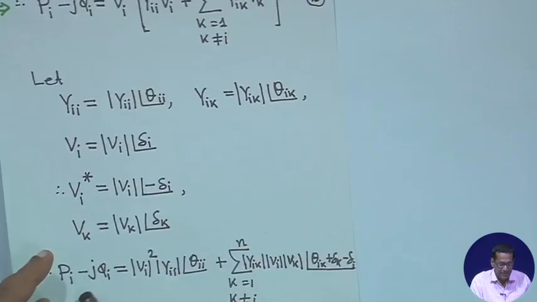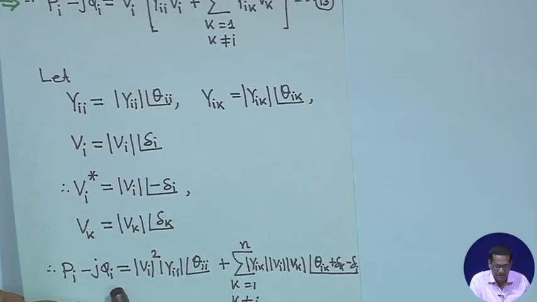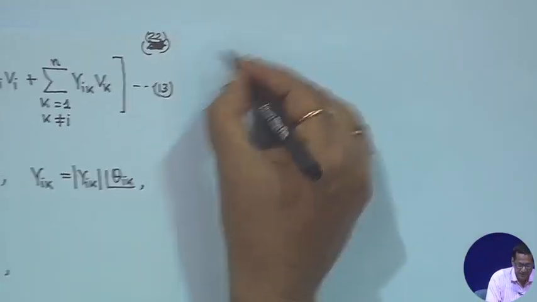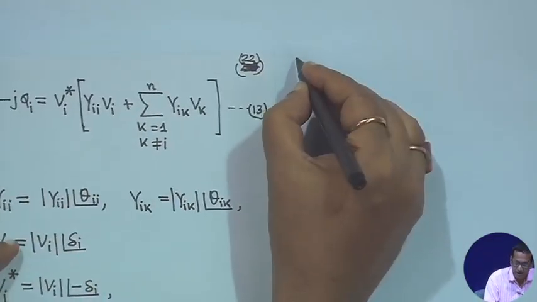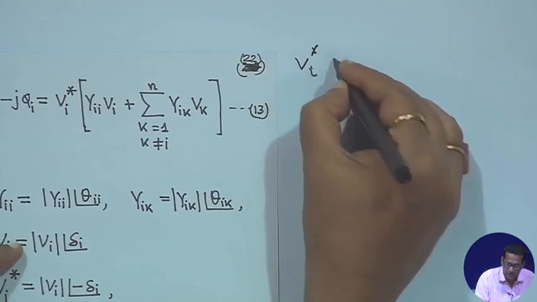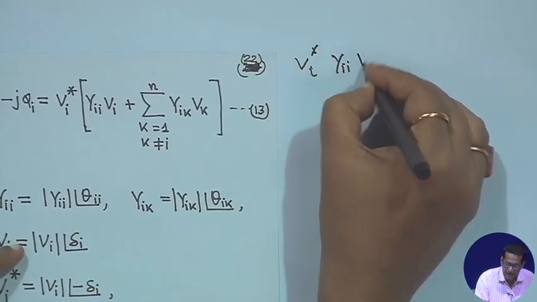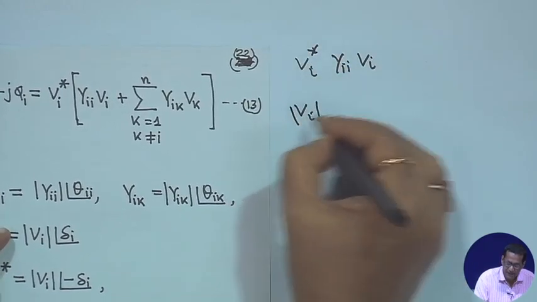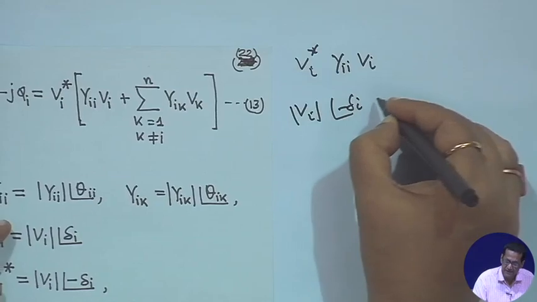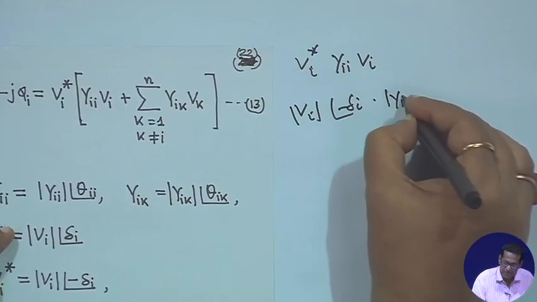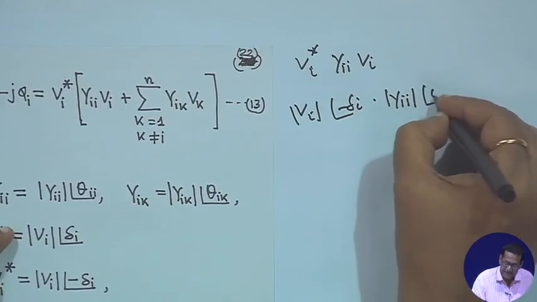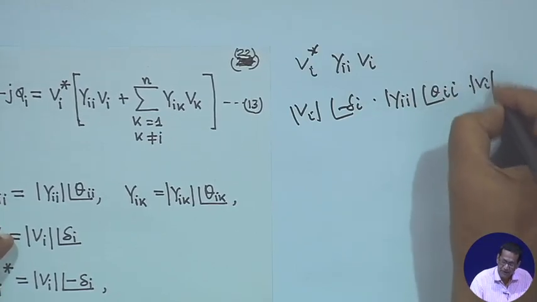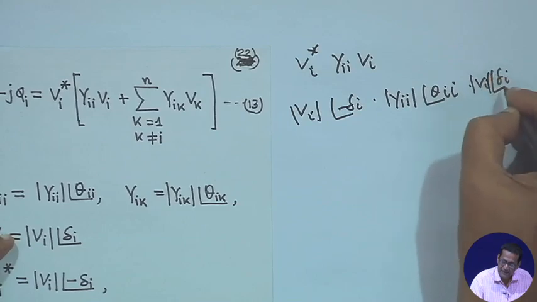What you will get for P_i minus jQ_i, I am showing the first term: V_i conjugate, then Y_ii and V_i. V_i conjugate is V_i angle minus delta_i, and Y_ii is magnitude Y_ii angle theta_ii, into magnitude V_i with angle delta_i.